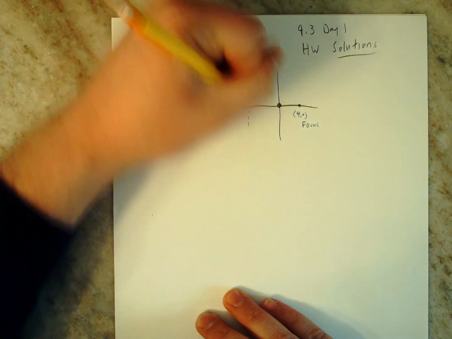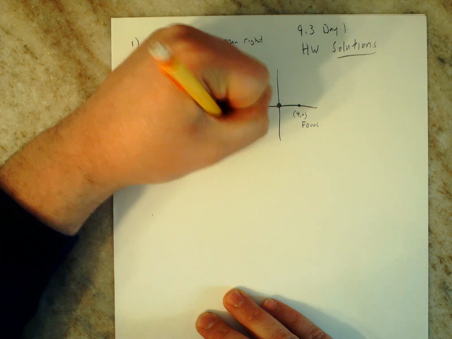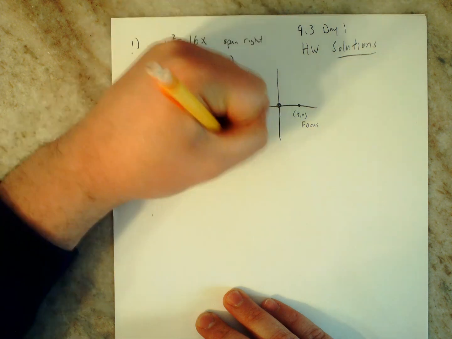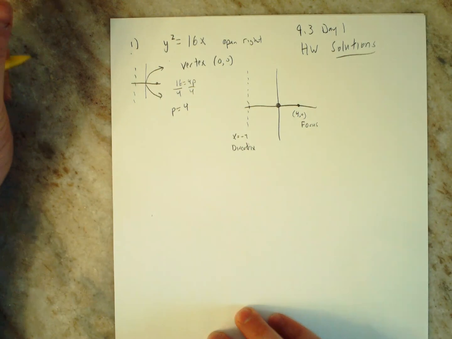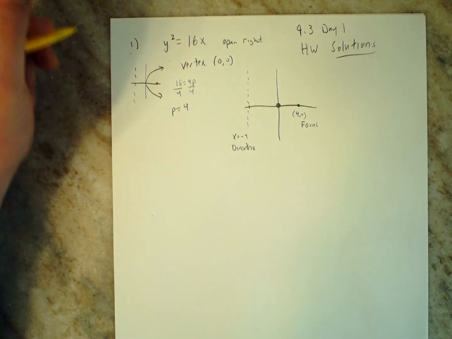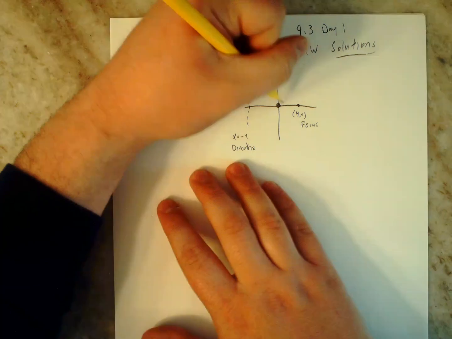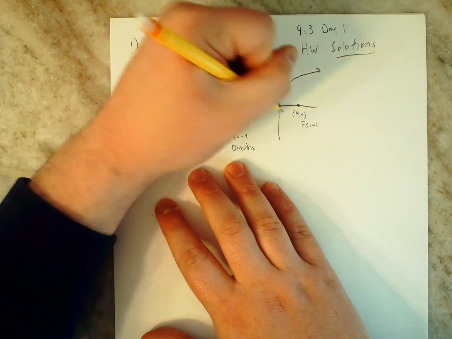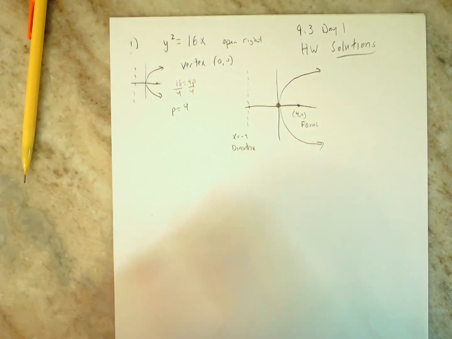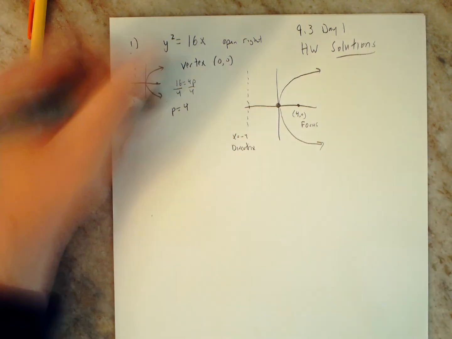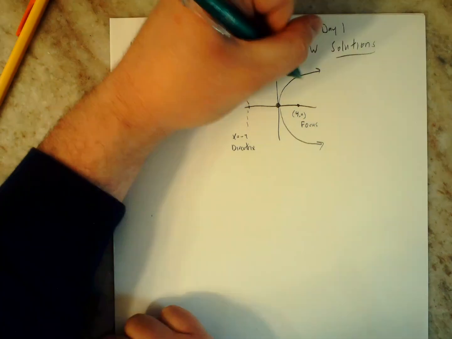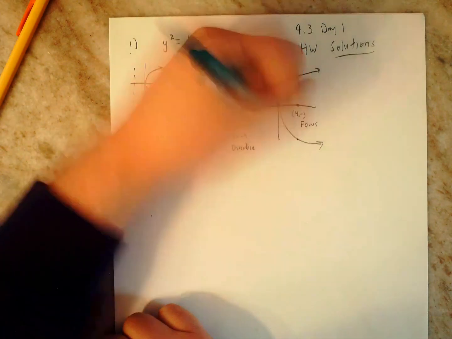And back here at x equals negative 4, that is my directrix. And my parabola is going to open like that. Then don't forget, we have our latus rectum, which is going to be 8 out, there and there.